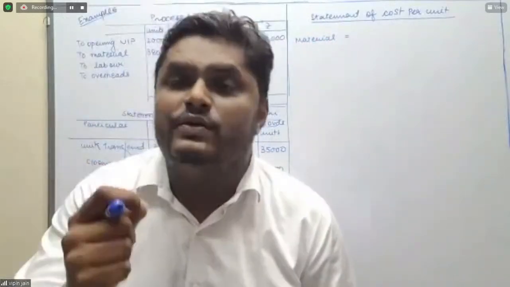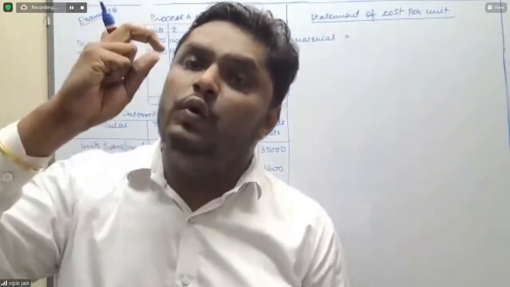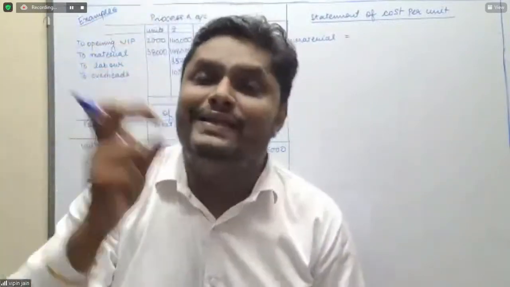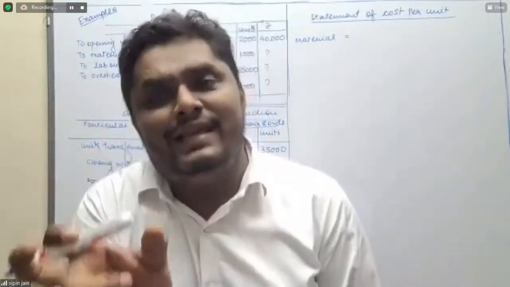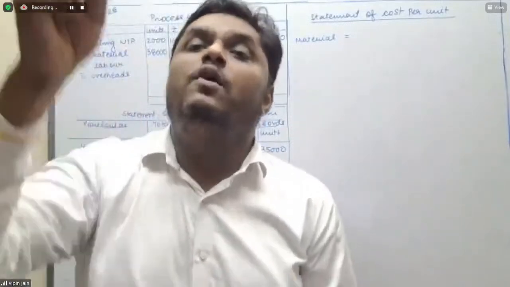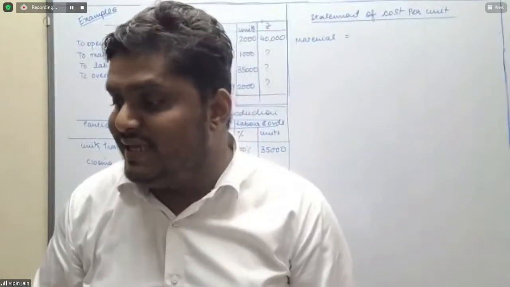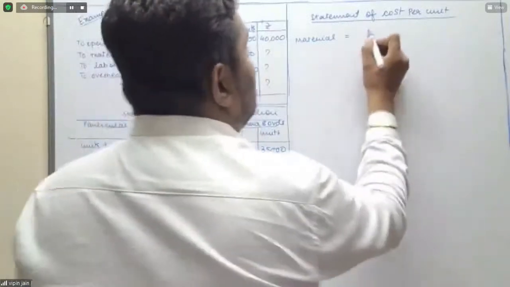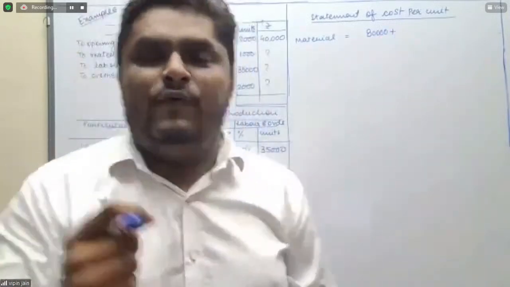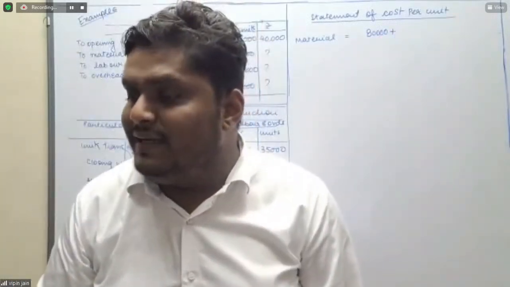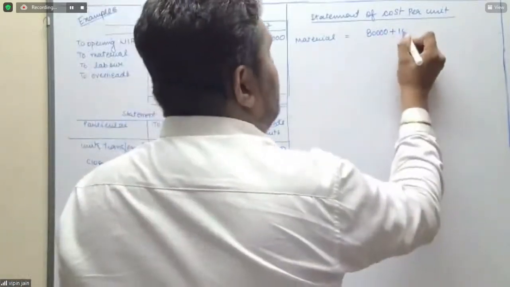Since we are solving this question using the weighted average method, as I've already discussed, while calculating the cost per unit we have to consider the cost incurred during the year plus the cost of opening work in progress. It is given in the question that material cost is 80,000 for opening work in progress. Further, the material cost incurred during the year is 14,80,000.